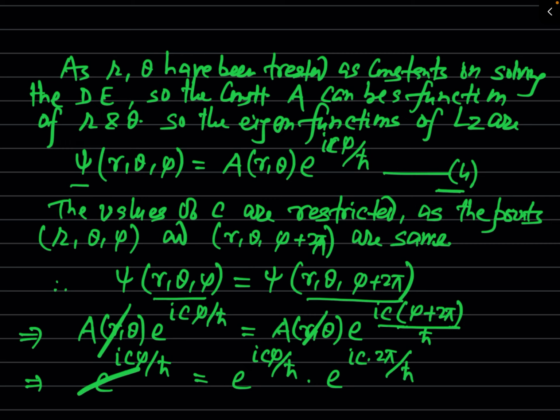Again you can see this exponential factor and this exponential factor will cancel out, and therefore e raised to the power i c times 2 pi over h bar will be equal to 1.